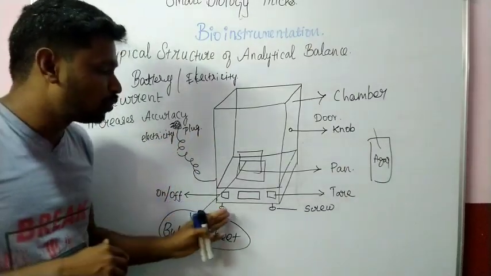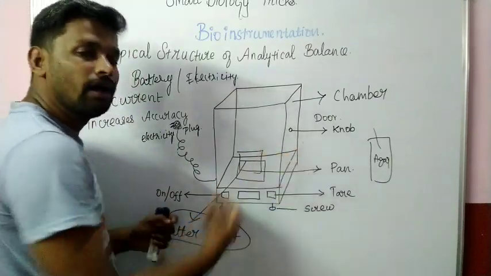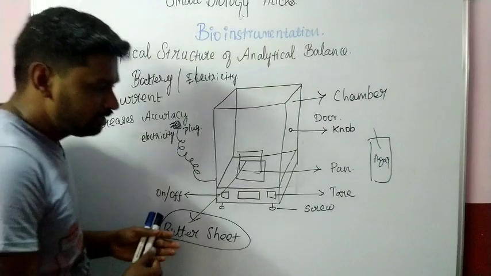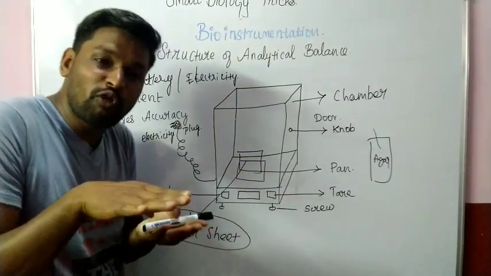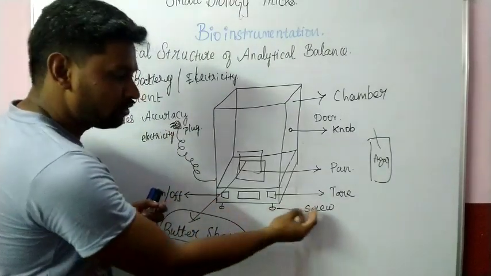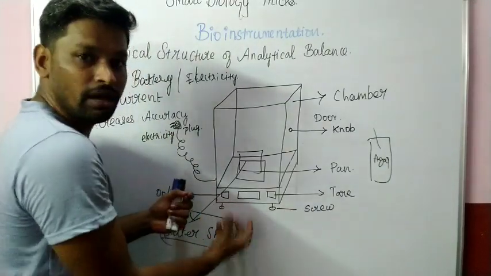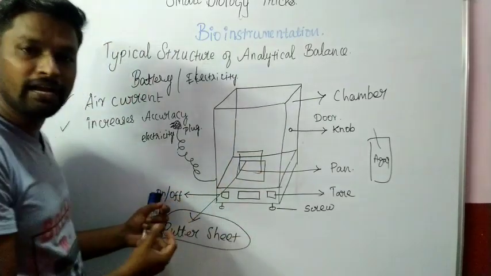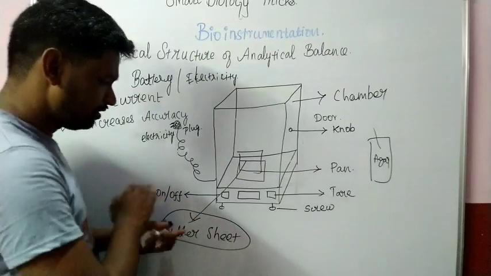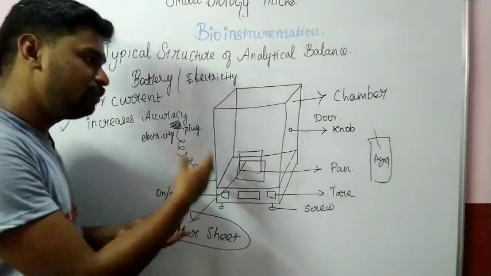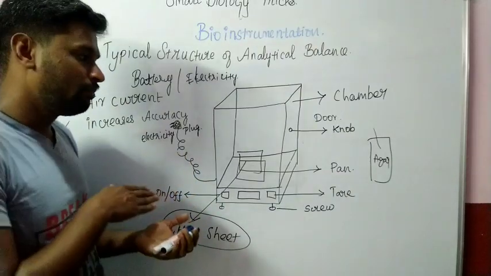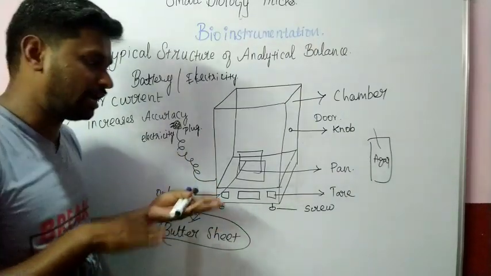For that, the screws are fixed in the bottom of the electronic balance, so that if the surface of the bench is somewhat uneven, you can adjust the screws present at the bottom of the balance to compensate for the uneven surface.